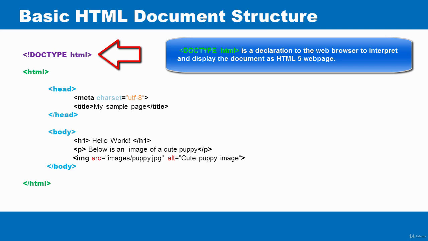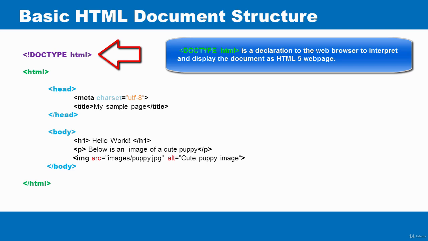It is an instruction to the web browser about what version of HTML the page is written in. It lets the web browser interpret the HTML document as a web page. You always have to add the doctype declaration to the very top of your document.